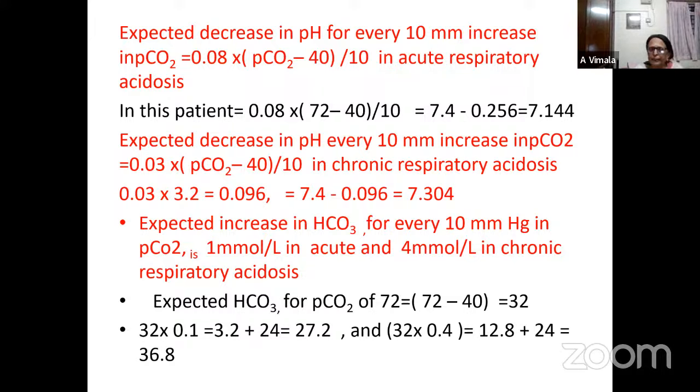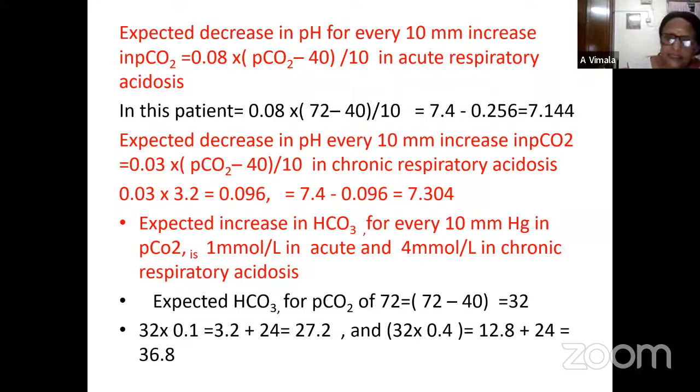So here, 0.03 into 32 by 10 gives you 0.096. The pH will only be 7.304. So if you remember, this patient has a pH of 7.29. So most likely, it is a chronic respiratory acidosis.